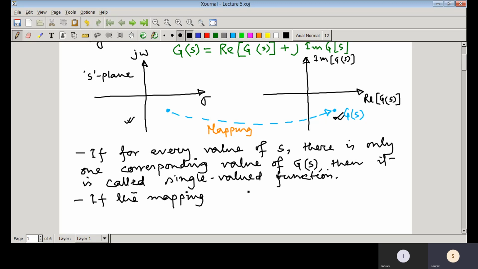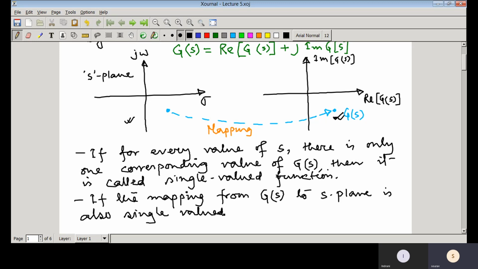I think you all know those things; you have learned them in complex variables and in the basic mathematics course. If the mapping from G(s) to the s plane is also single valued, it is called a one-to-one mapping.